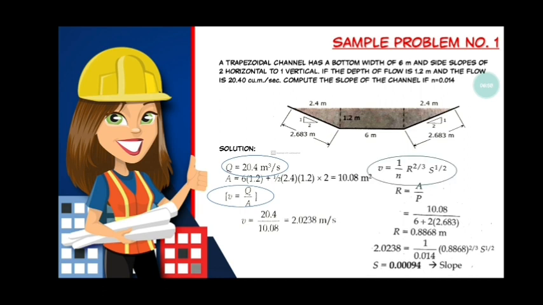By using Manning's formula, substitute all the solved values so the value of the slope will be computed. The slope is equal to 0.0094. That's all for sample problem number 1.